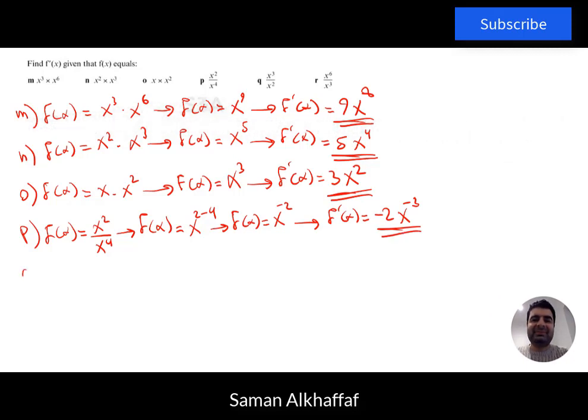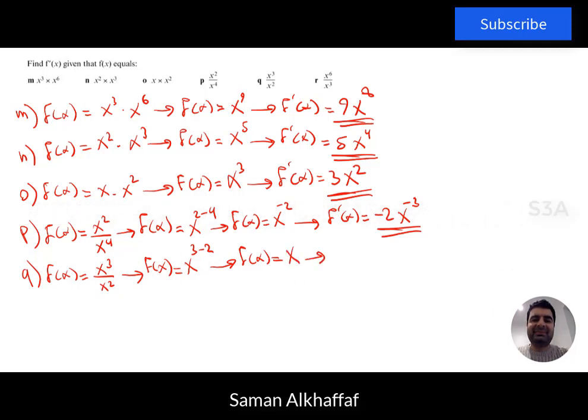For part Q, we have f of x is x cubed over x squared. So first we move the denominator up, so that will give us x to the power 3 take away 2. So in this scenario we'll have the f of x being x.